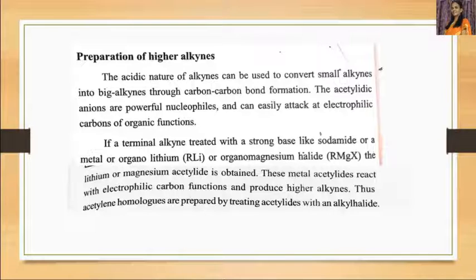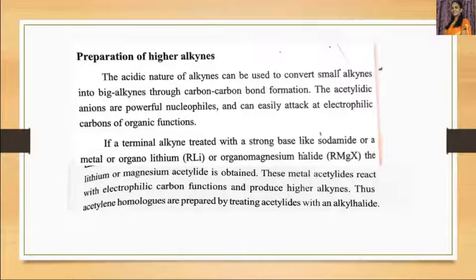So, wherever an electrophilic carbon atom is present in an organic compound, these acetylides go and attack that particular carbon to produce a longer carbon chain, or a bigger alkyne. This is because of the nucleophilic nature of acetylides.